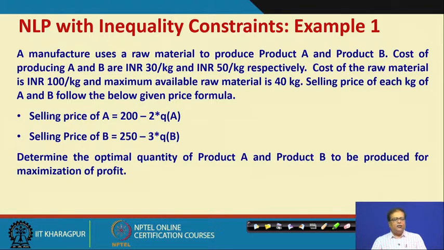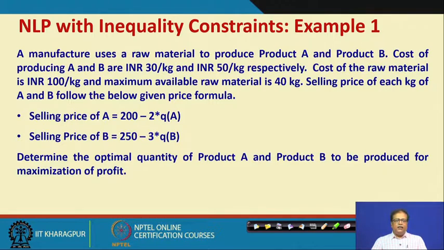The selling price of each kg of A and B follows the given price formula. What is the price formula? The selling price of A is 200 minus 2 into quantity of A, and the selling price of B is 250 minus 3 into quantity of B. Determine the optimal quantity of product A and product B to be produced for maximization of profit, right.